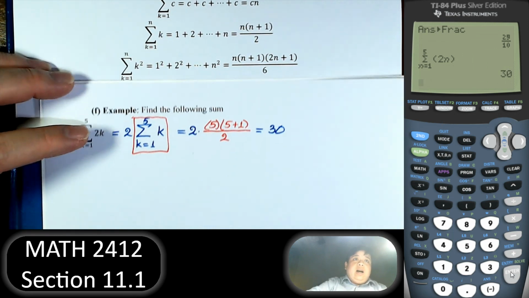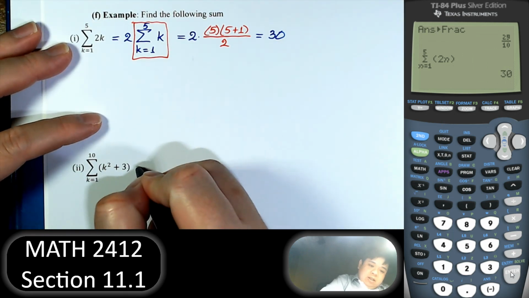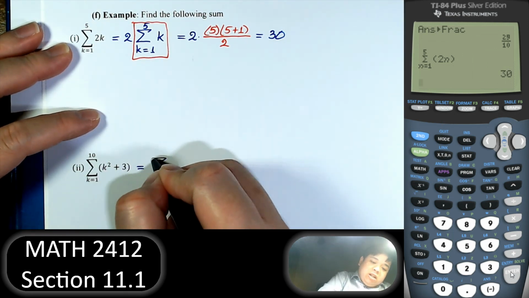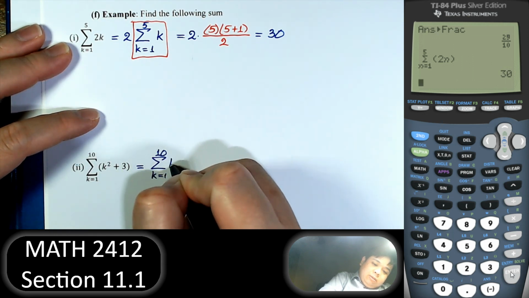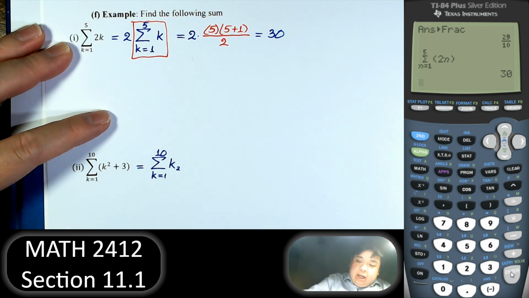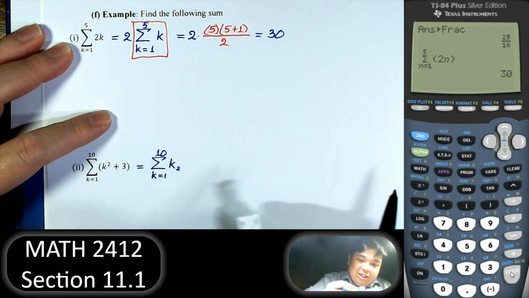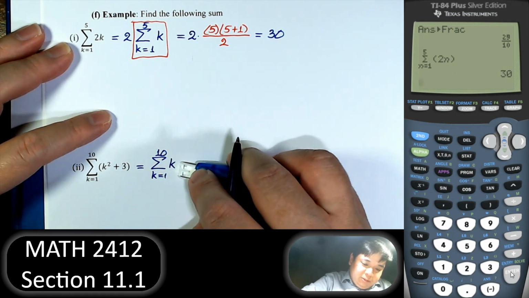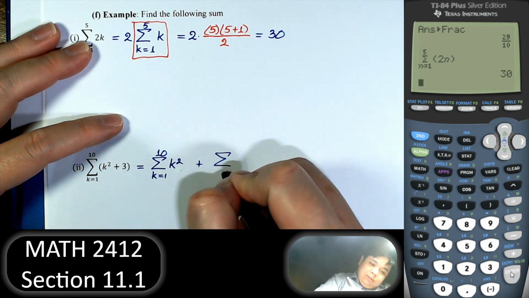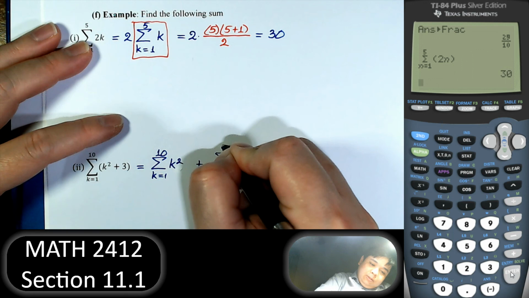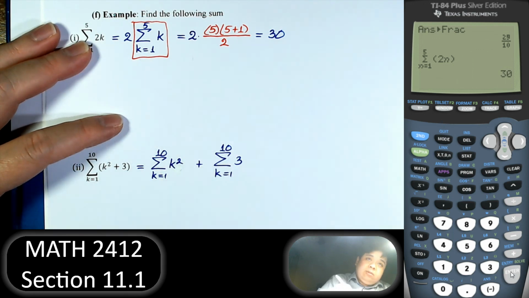Right, next we have this. We can split the summation. K squared, right?